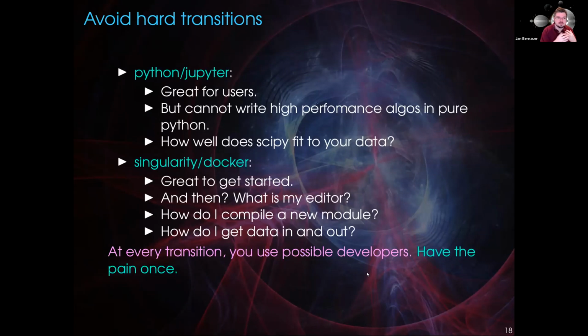So for example, Python and Jupyter are great. It's really great for users, but you cannot write high performance algorithms in pure Python, right? All of the code in the backend is written in C. And if the libraries which exist don't fit your data very well, at some point you want to write that in C to make it fast.